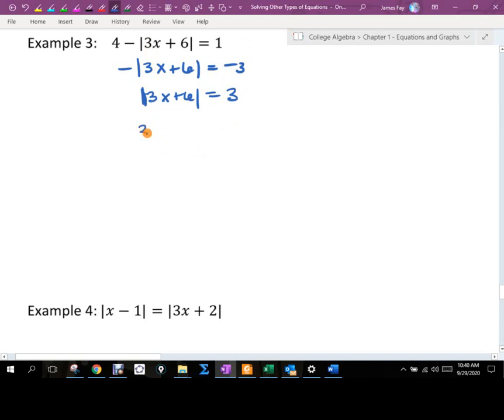So now it'd be 3x plus 6 equals 3, or 3x plus 6 equals negative 3. Does x equal negative 1 here? And x equals negative 3 there? Fabulous. Go down to example 5.